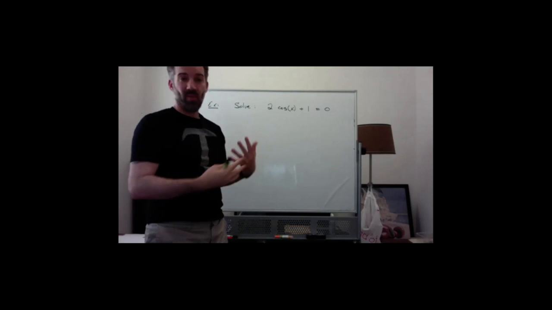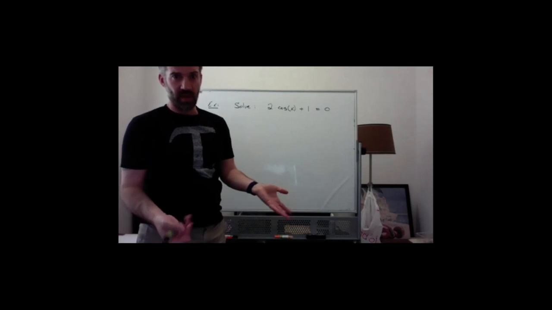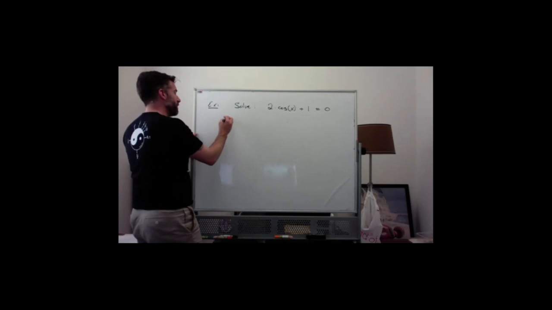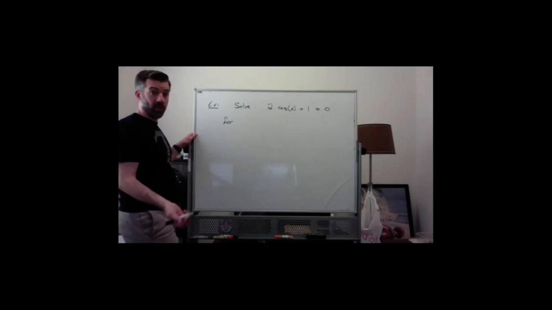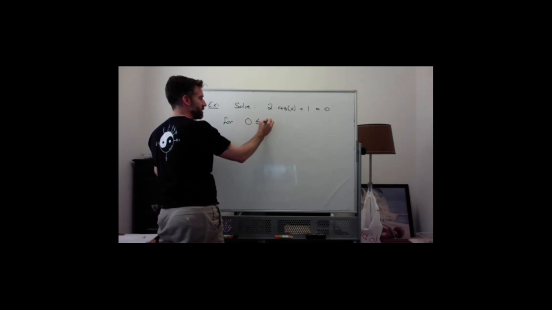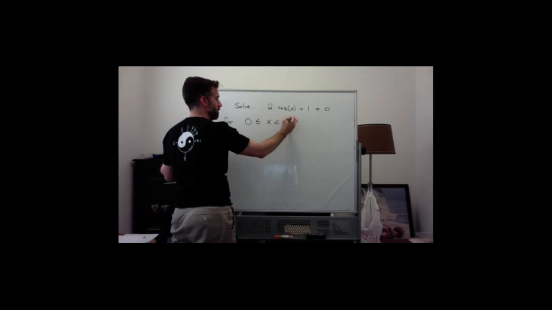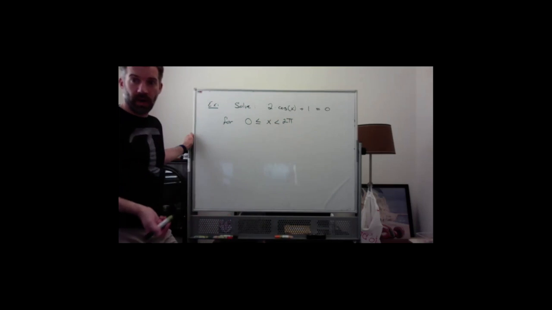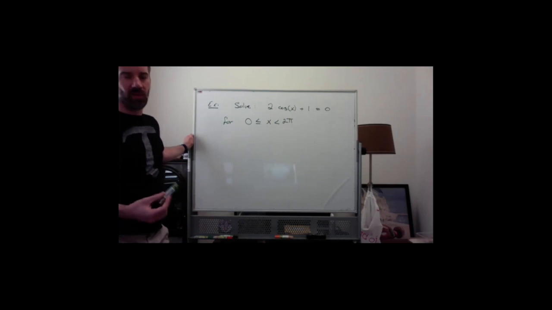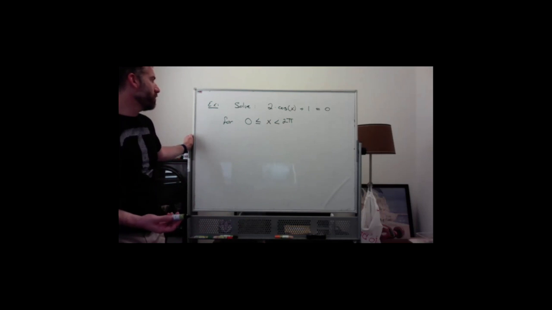So I don't want you guys to have to do that. What we typically do for questions like this is we limit our domain for our answers. We're going to keep the values of x between 0 and 2 pi. We only want one full revolution's worth of answers because that really is all we need to know.